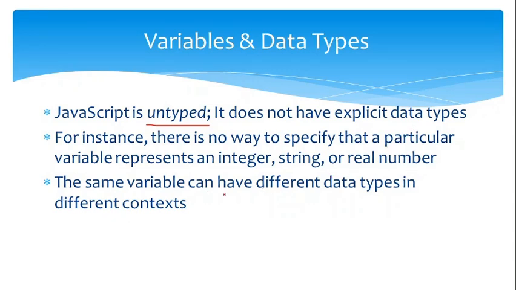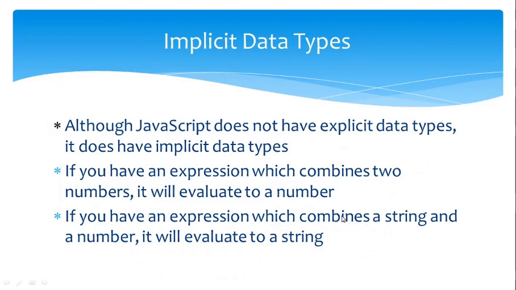The same variable can be a different data type in different contexts. We will use variables with different data types in different contexts. So this is variables and data types.